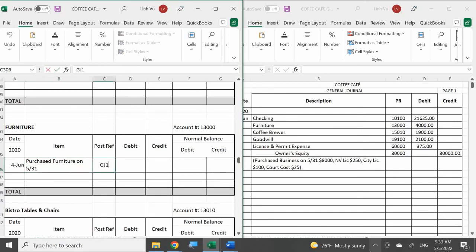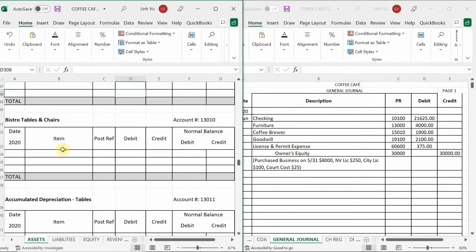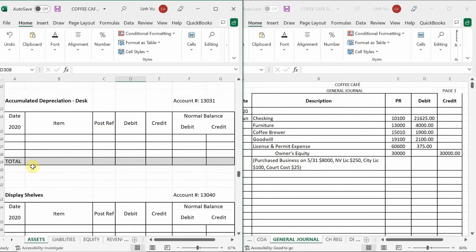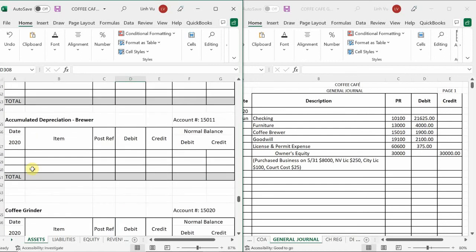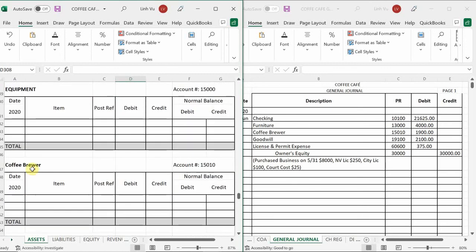How do I know that? Because I posted in my journal that I bought the business and that furniture cost me $4,000. So that means I have $4,000 worth of furniture in my books right now. Next thing is a coffee brewer. Right here, coffee brewer.